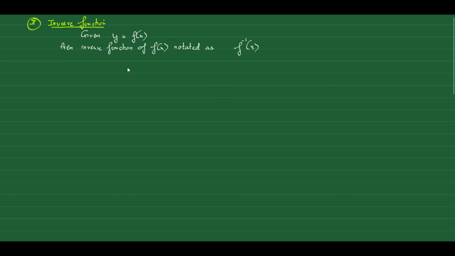Okay, f inverse of x. So what does it mean by that? It means that the domain of the inverse function will be the range of the original function, and the domain of the original function will be the range of the inverse function.